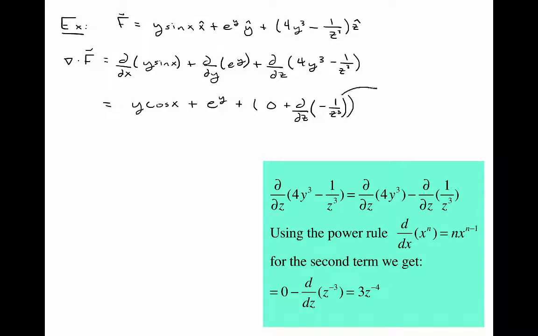The way I like to do that, and if you are one of the people who's been teaching calculus, or you're teaching AP Calculus, you probably are pretty good at this already, is that I rewrite it as z to the minus 3. That makes taking the derivative easier.